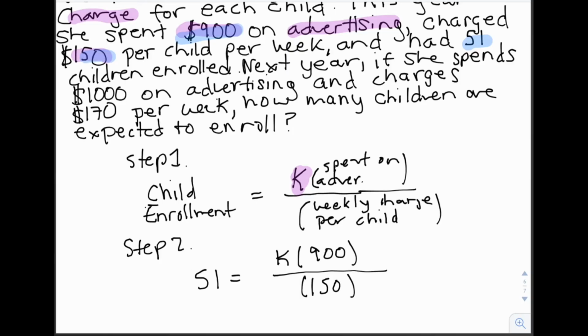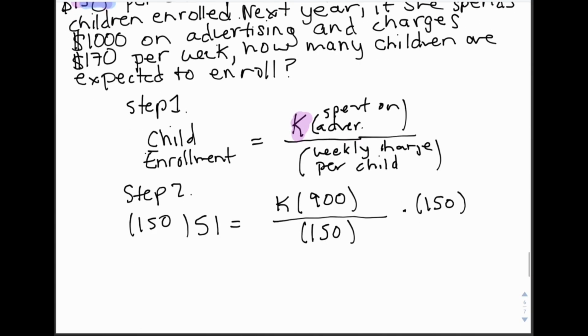Now, in order to isolate the k, we want to multiply the 150 out from the bottom. So 150. And that should give us our k times 900 is now going to be equal to 7650.